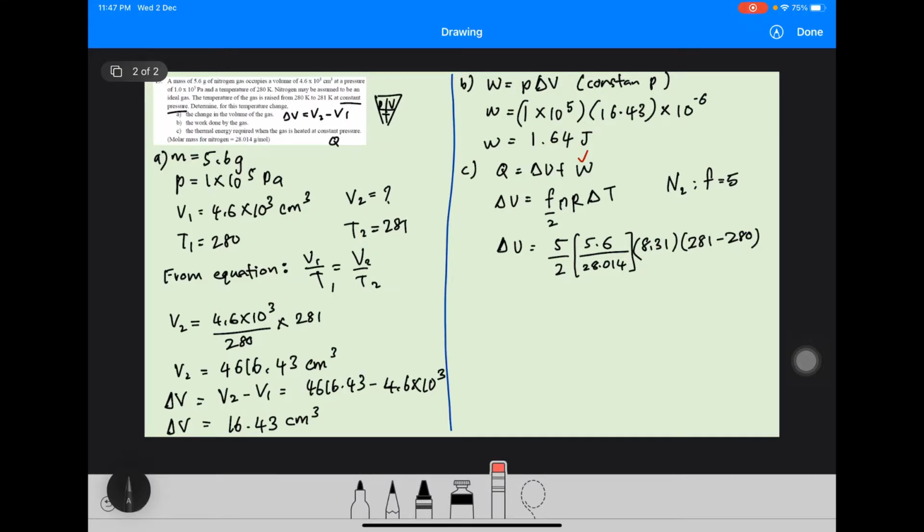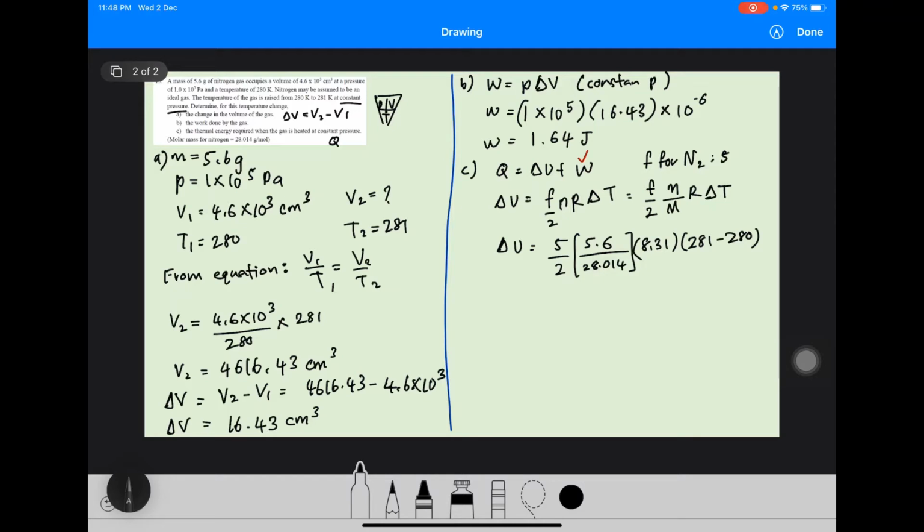I'm just going to write this one a little bit higher over here. So f for N2 is equal to 5. Okay, and then this one I can write n, number of moles, as mass per molar mass. Okay, make sure that the unit that you use is the same for mass and molar mass. Okay, here molar mass is gram per mole.